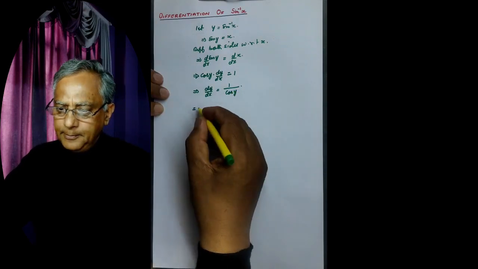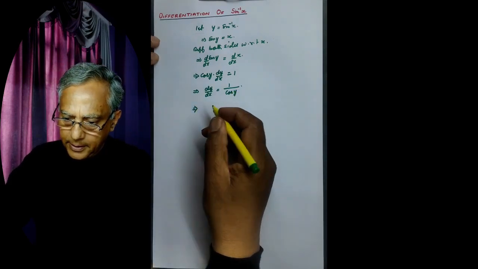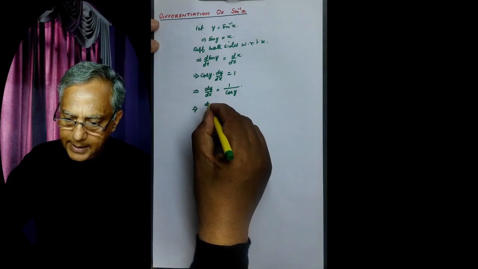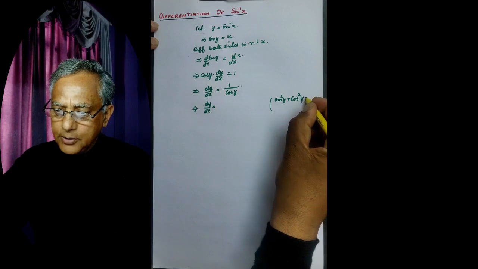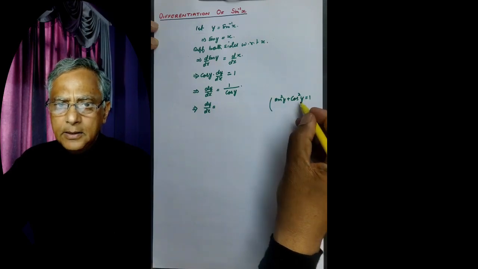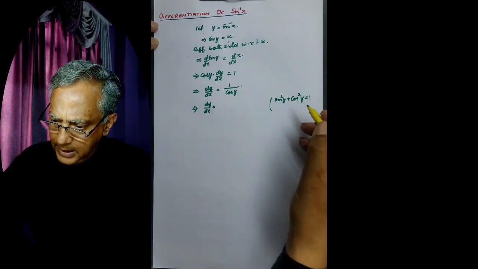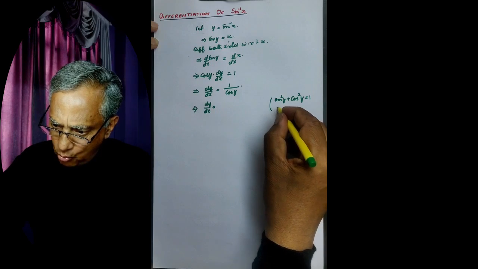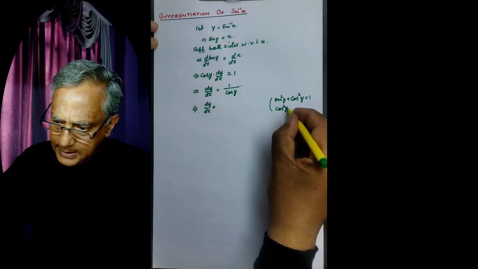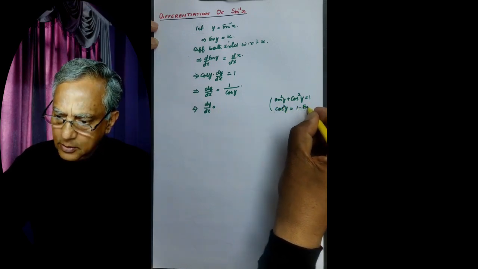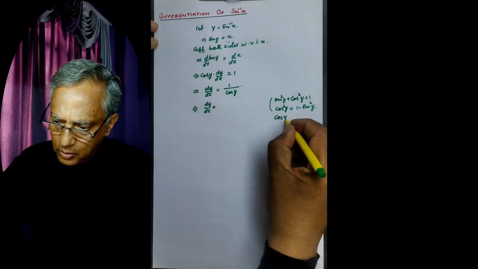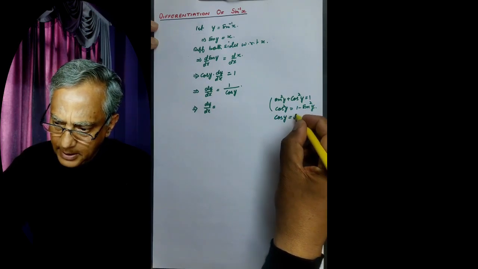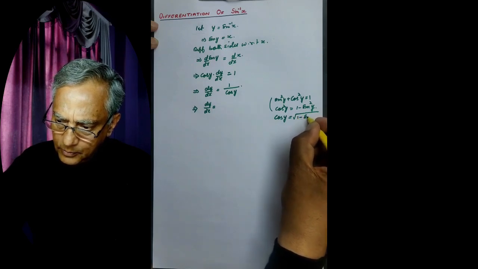This implies dy by dx is equal to, now sine square y plus cos square y is 1. So what we have is cos square y is equal to 1 minus sine square y, and therefore cos y is equal to under the root 1 minus sine square y.